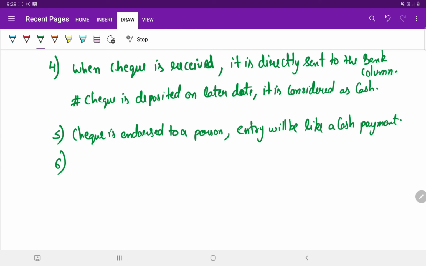Similarly, when a crossed check is received, it is recorded on the debit side in the bank column. So whenever a crossed check is received, it is recorded on the debit side of the bank column.